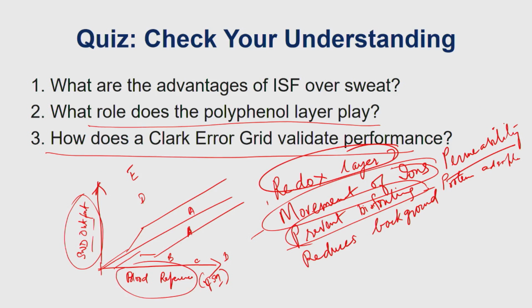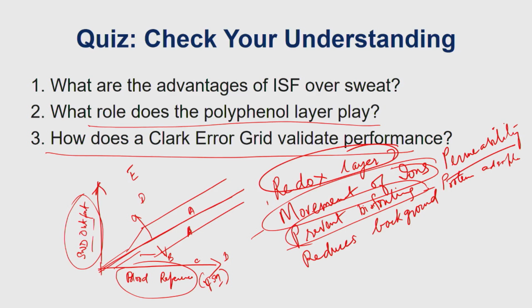If there's no difference, they will all fall along the straight line. If there is difference, they start moving away in this direction or in this direction, depending on positive or negative difference. Start moving out. Right? All right? That's good.